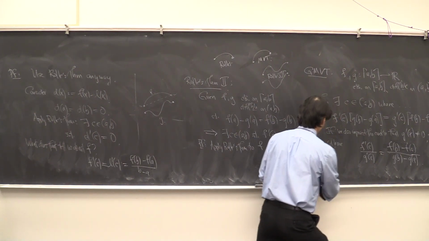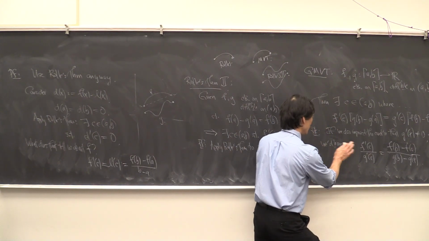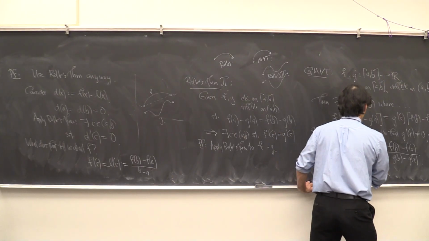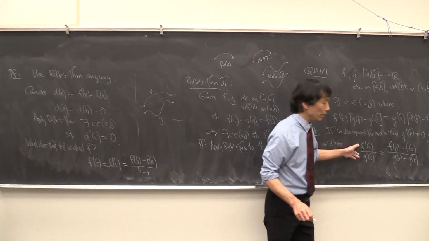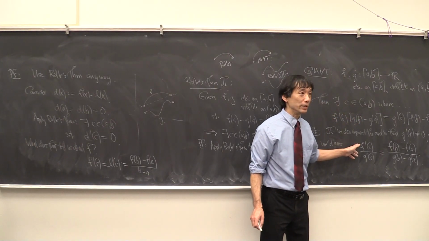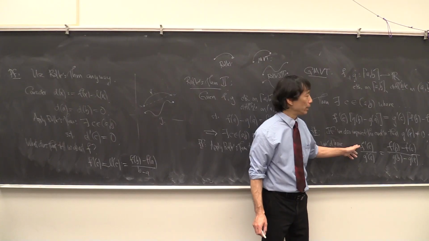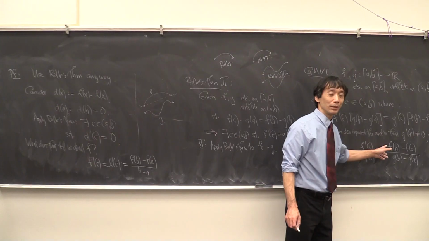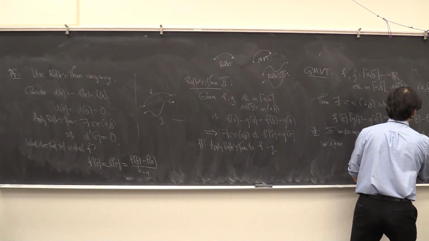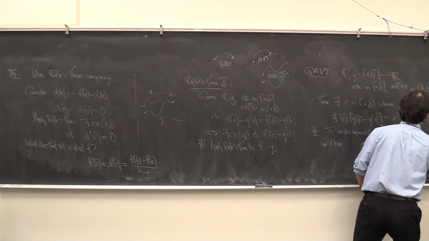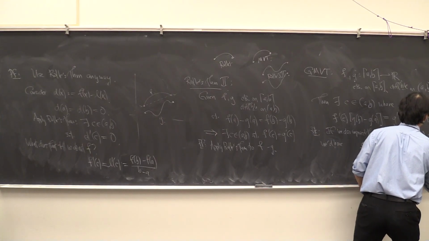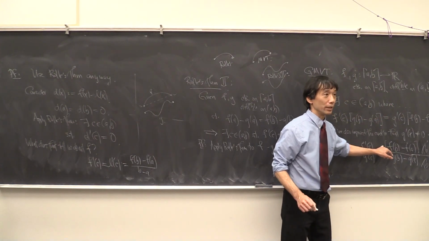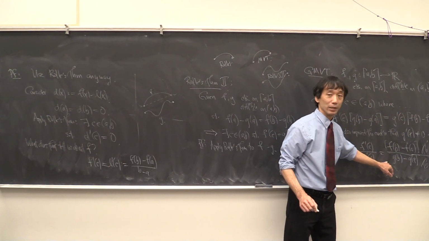And second remark, this is actually the remark I want to make. Notice that I can think of this thing here as the ratio of the instantaneous velocities, right? And this thing here is the ratio of the average velocities, because I can divide top and bottom by b minus a. So I've got the average velocity on the top and the average velocity on the bottom.